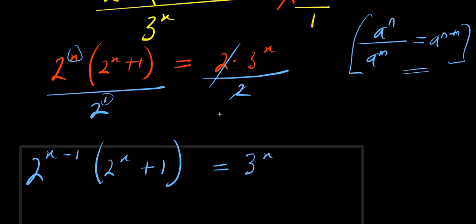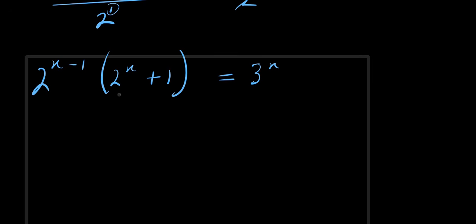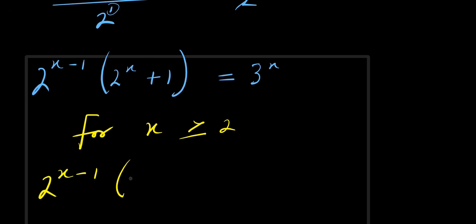So let's do some things here. Now we can say for values of x greater than or equal to 2, we are going to recopy this: 2 power x minus 1 times 2 power x plus 1 equals 3 power x.